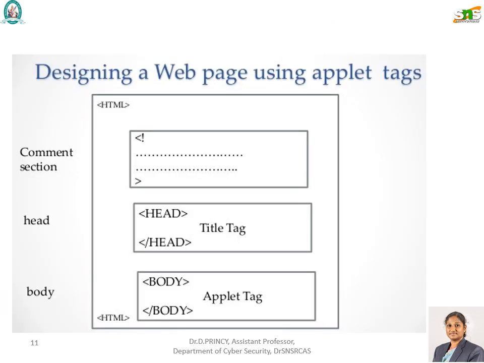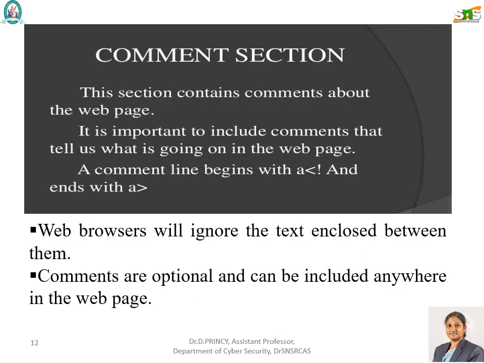The comment section is nothing but the documentation section. This is optional. The head section and body section are mandatory. The head section contains only the title tag, which is used to display the title in the title bar, and the body tag contains many formatting tags and paragraph tags, which display the actual body of the web page.